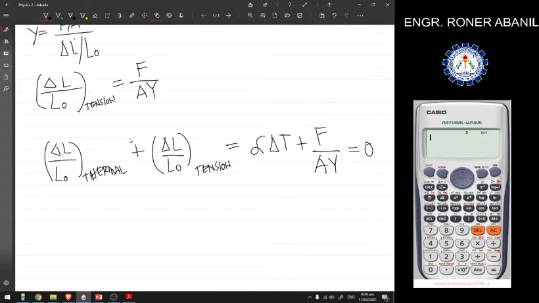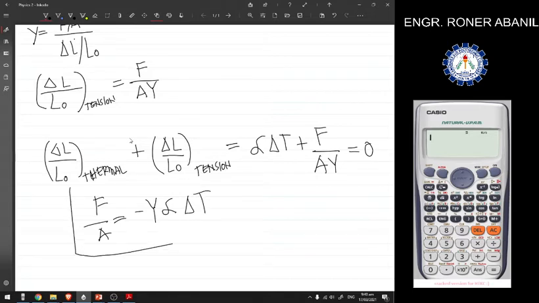Okay? Must be 0. So, solving the tensile stress F over A, no? Kung isosolve natin ngayon yung F over A using algebra, ang lalabas dito pag sinimplify natin yan, magiging negative Y alpha change of temperature.